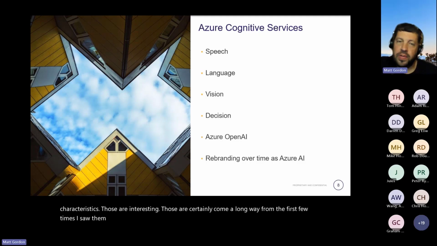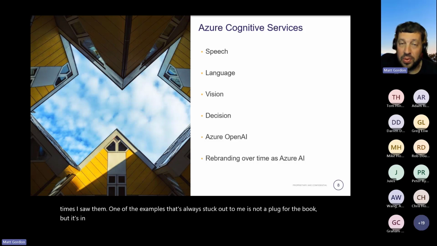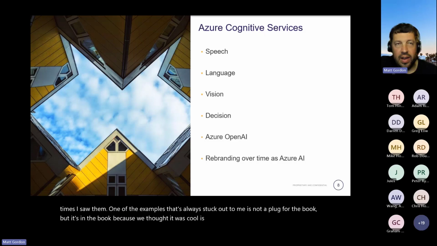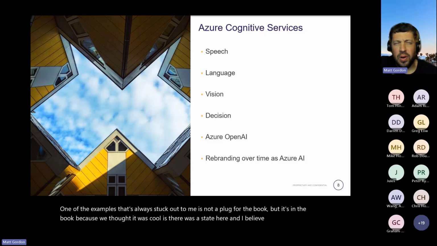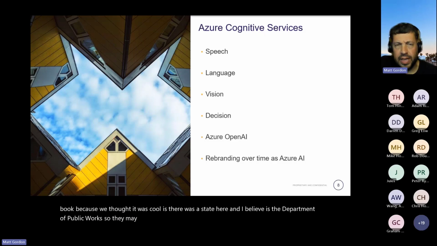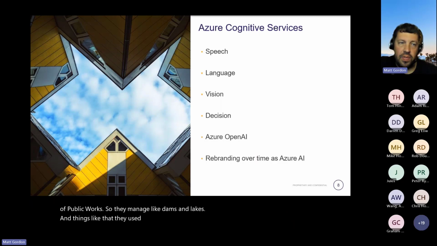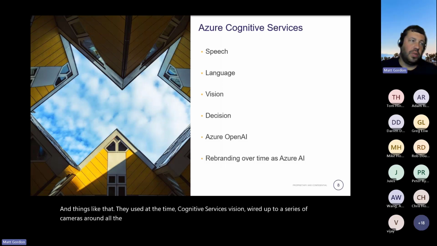One of the examples that's always stuck out to me, and it's not a plug for the book, but it's in the book because we thought it was cool, is a state here, I believe the Department of Public Works, which managed dams and lakes and things like that. They used, at the time, cognitive services vision wired up to a series of cameras around all the dams to monitor state changes in the image.